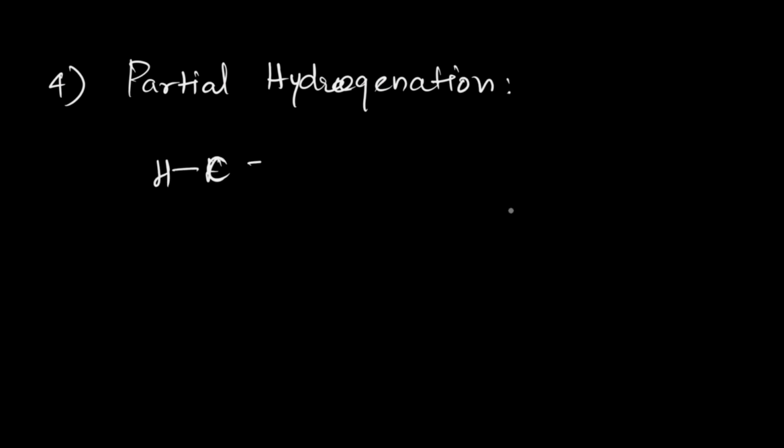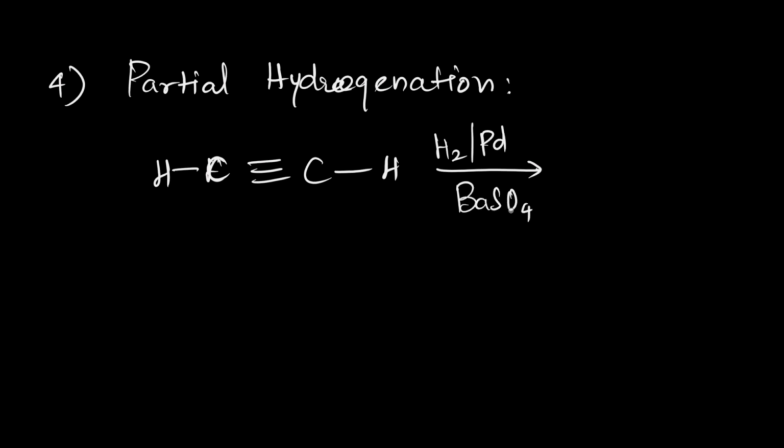If I am taking alkyne and doing the partial hydrogenation, let's say I am using hydrogen with palladium, BaSO4, which will give you CH2=CH2.